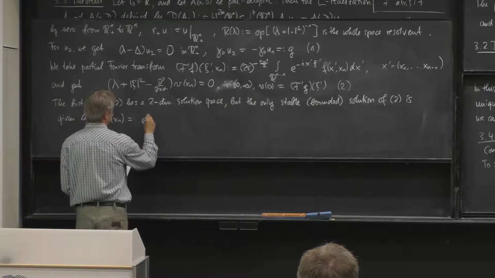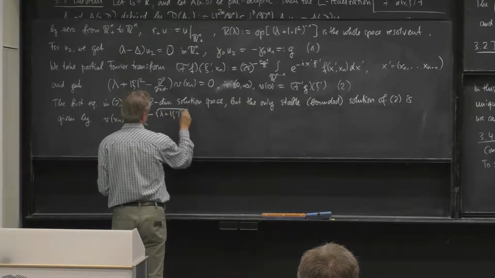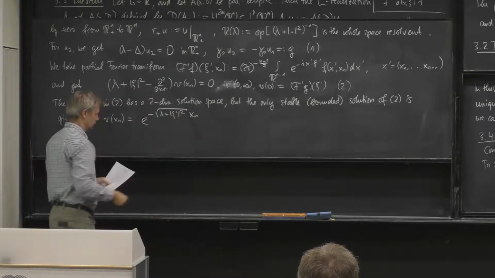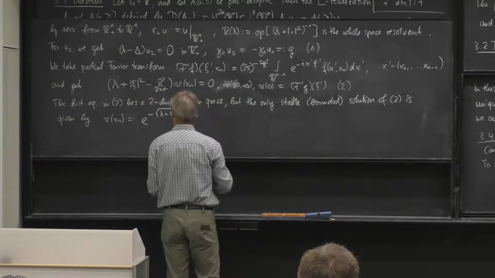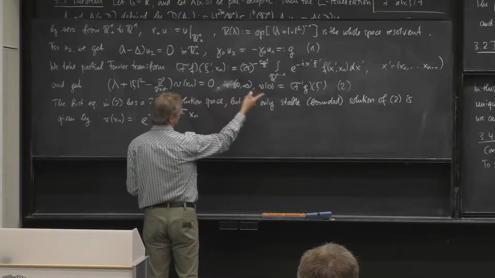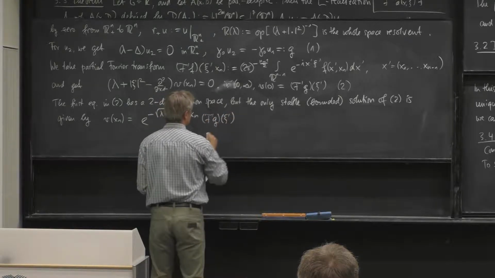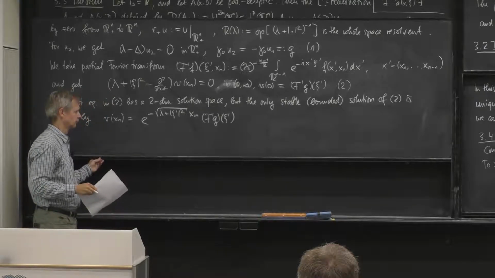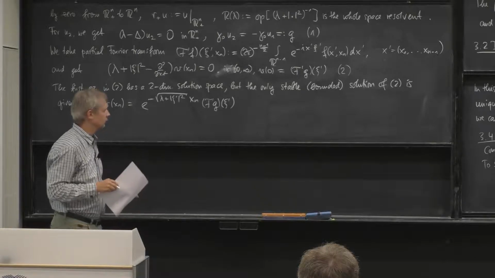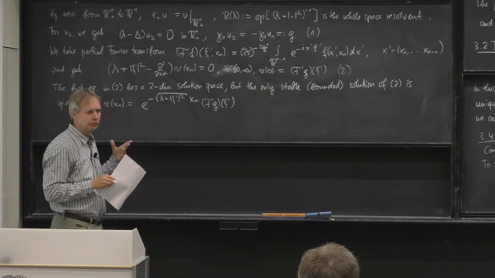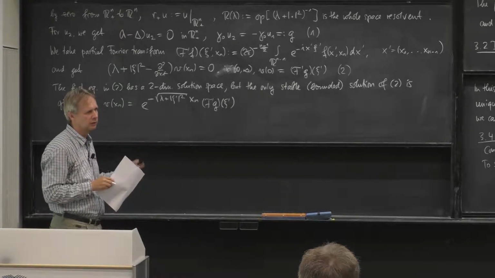I take the exponential power, I take the part of the square root which has a negative real part, and the initial value is this one. Okay, so this is the only stable solution. This is my U2, and I go back with the inverse partial Fourier transform and get the solution.